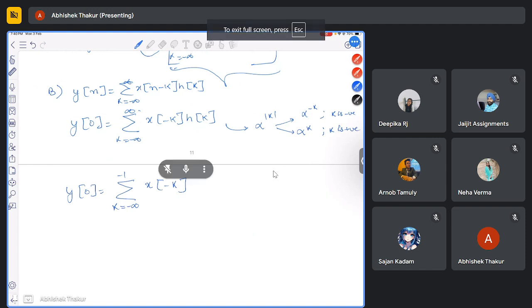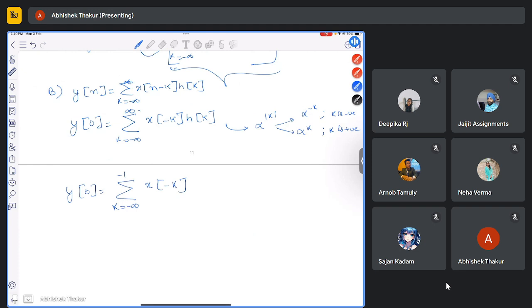So now for negative k it will be alpha to the power of minus k, plus x of 0 for k equal to 0, that will be alpha to the power of 0, which is 1, so x of 0 into 1, plus the sum from 1 to infinity of x of minus k alpha to the power of k.